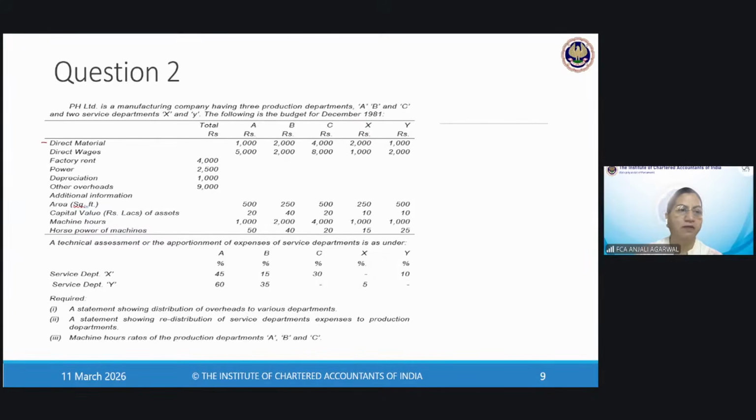Direct material. Why have I taken up this question further? Because it has two particular items here, direct material and direct wages. So you must have learned by now what is direct material. Is it an overhead?